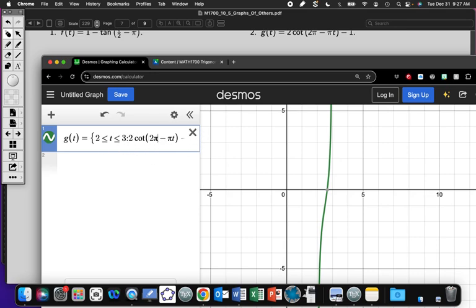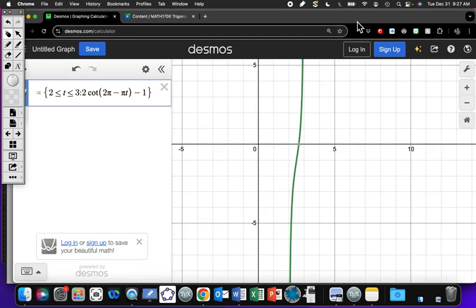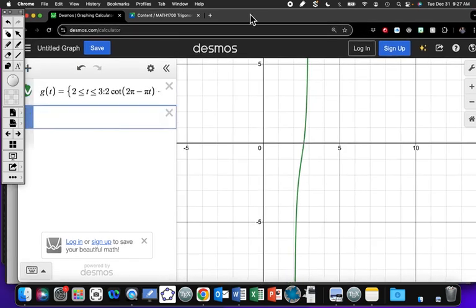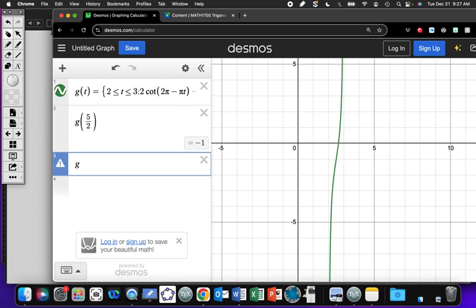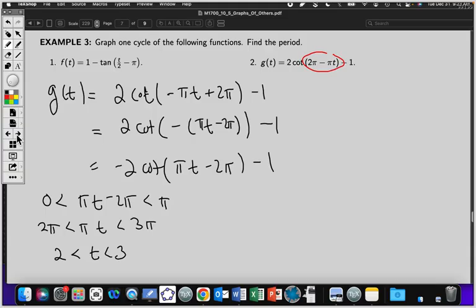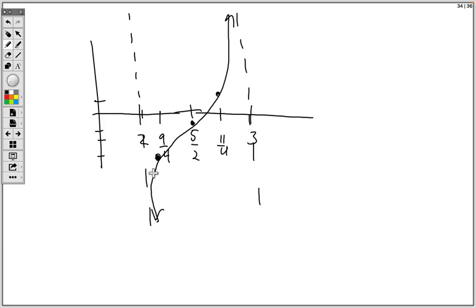There we go. We can spot check our values here. What do we have? We had 5 halves. Right. What do we have there? Whoops. 9/4 and 11/4. So 5 halves, we had -1. 9/4 and 11/4.